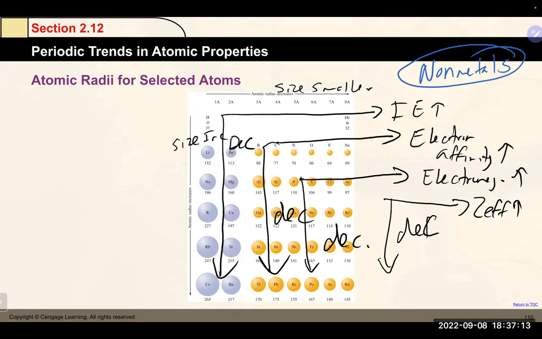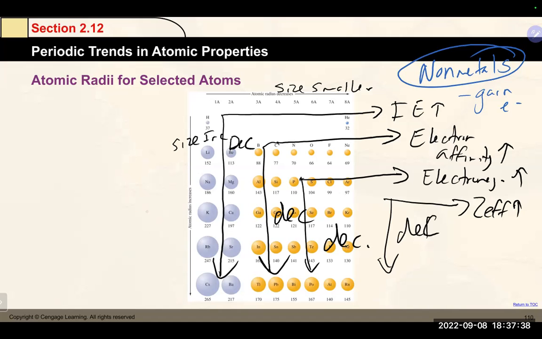And not only that, they like to bring other people's electrons towards themselves because they have a high electronegativity and they have that high effective nuclear charge, which brings everybody in really tight. All of those trends lead to what we know happens with nonmetals: they are typically the ones that want to gain electrons. They definitely don't want to get rid of their electrons.